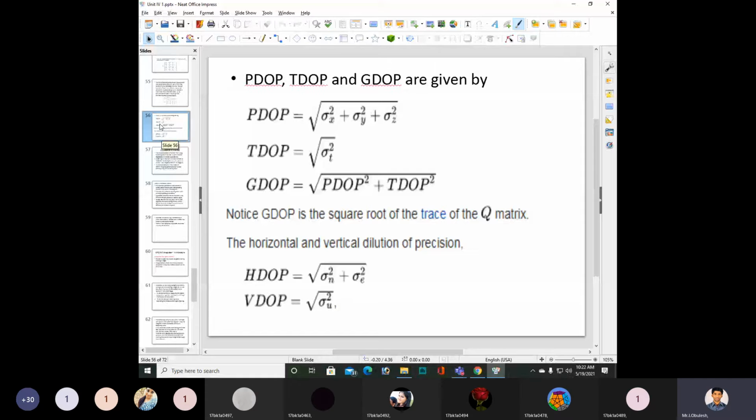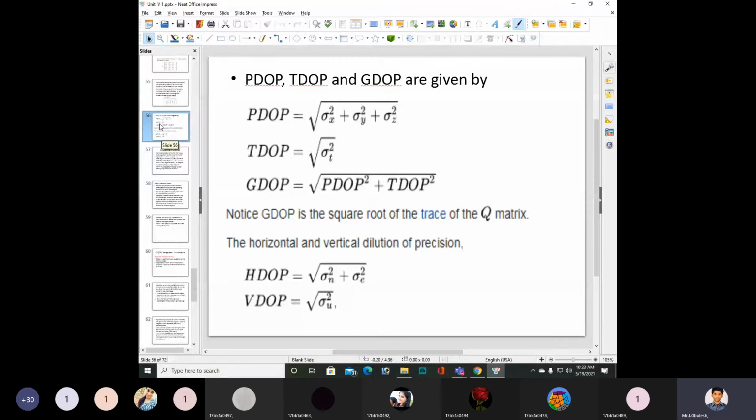Then the horizontal and vertical dilution of precision. Horizontal dilution of precision is equal to the square root of sigma n square plus sigma e square.